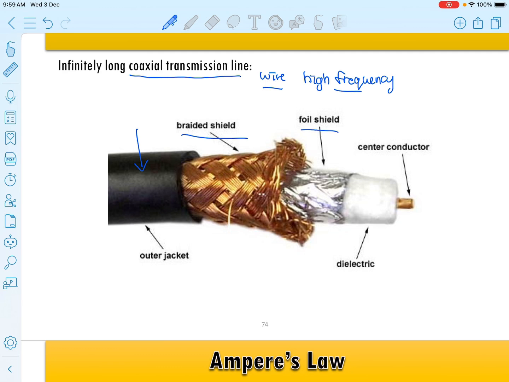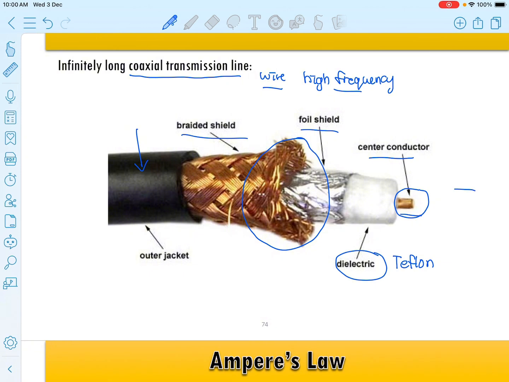After the foil shield, you will see a dielectric. Usually the dielectric within the coaxial transmission line is Teflon, and the Teflon is used to support the inner conductor. So your coaxial transmission line will have an inner conductor, which is this part, and also the outer conductor, which is this part: the foil shield and also the braided shield.